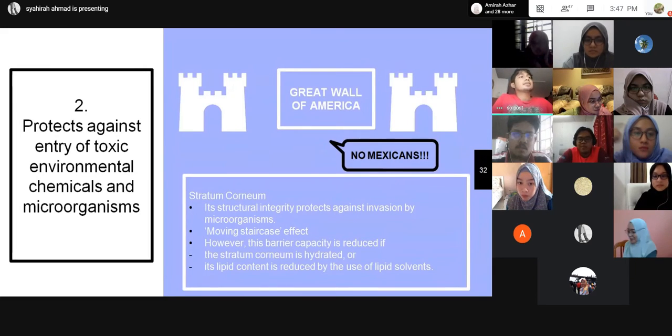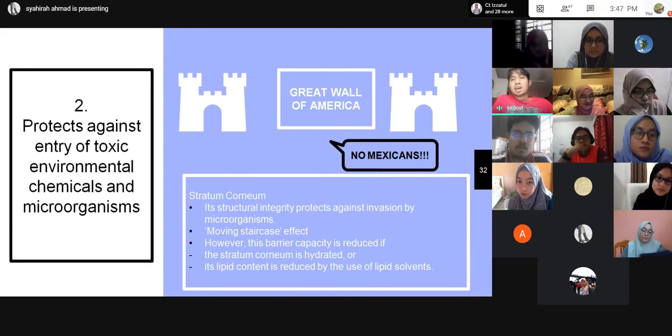Second, the structure of the stratum corneum is also effective against entry of toxic environmental chemicals and microorganisms. They also have a moving staircase effect. The moving staircase effect is defined as a continuous shedding of the outer corneocyte.